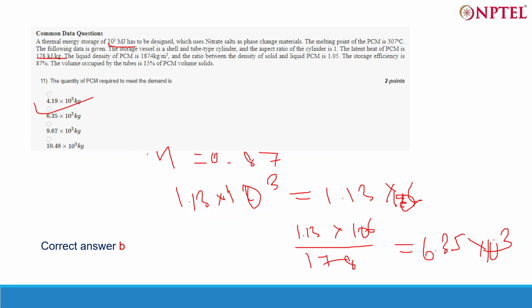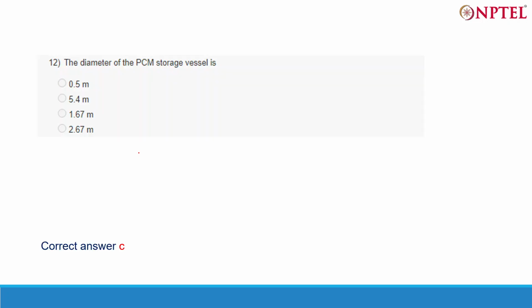This is the correct answer, answer B. Okay, and then the last question, the diameter of the PCM storage vessel. So density of solid by density of liquid, ds upon dl, is 1.05. Okay, so density of solid phase change material, density of solid 1874 that is given, into 1.05, that comes out to be around 1967.7.